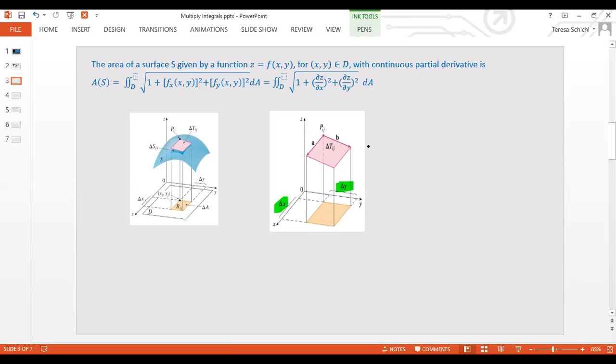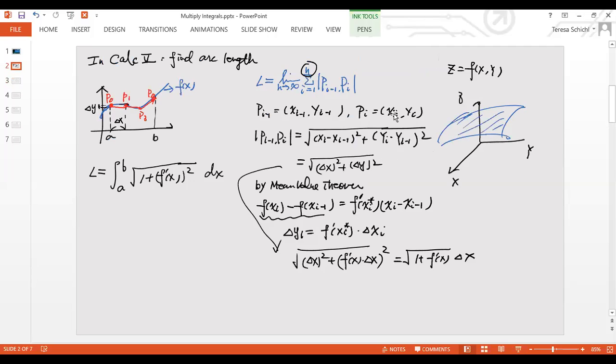This line segment is delta x plus f x, the partial derivative with respect to x, times delta x, right? Take a look, it's just like the mean value theorem, right? So that's what happens here.